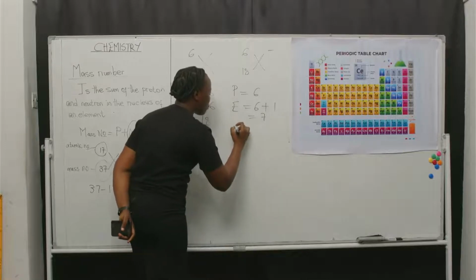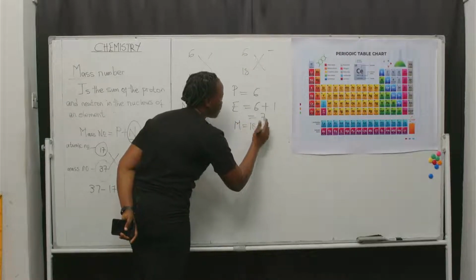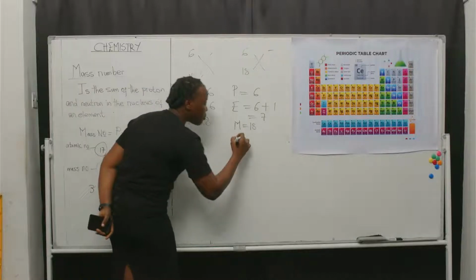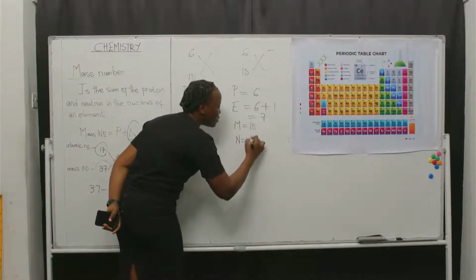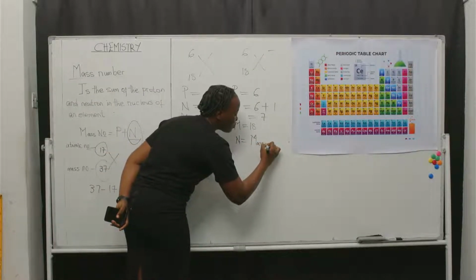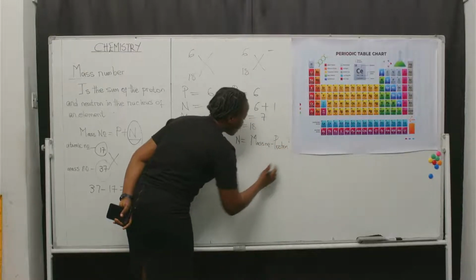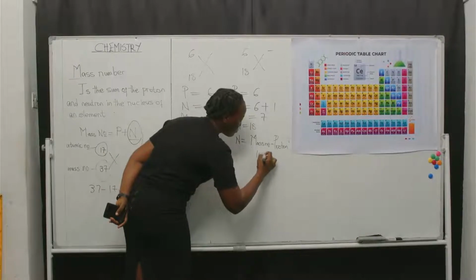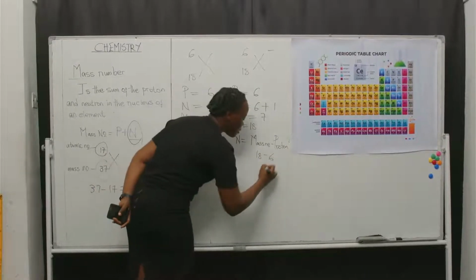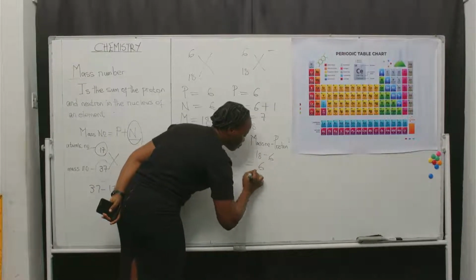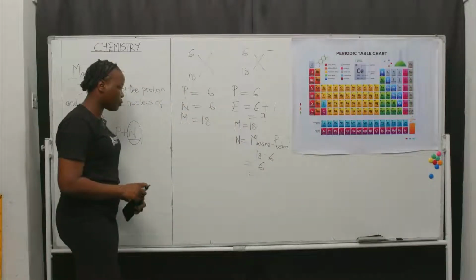And mass number would also be 18. What would be my neutron number? My neutron would be the mass number minus the proton. Mass number is what? 18. Proton is 6. Neutron will then give us 12.